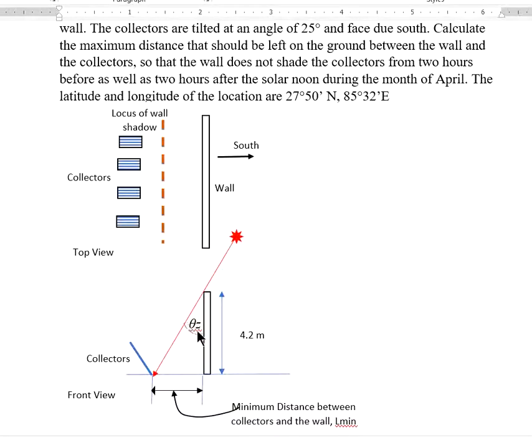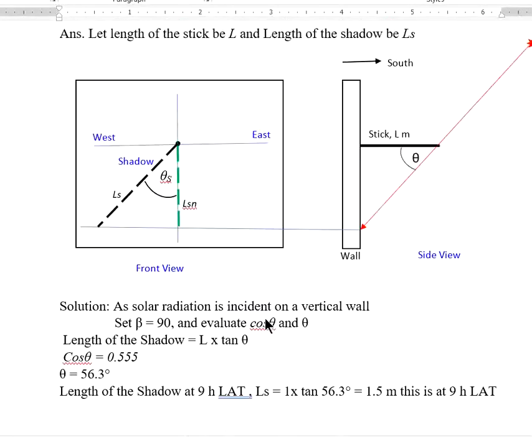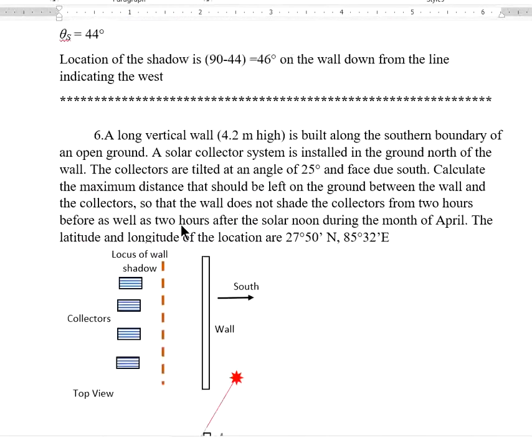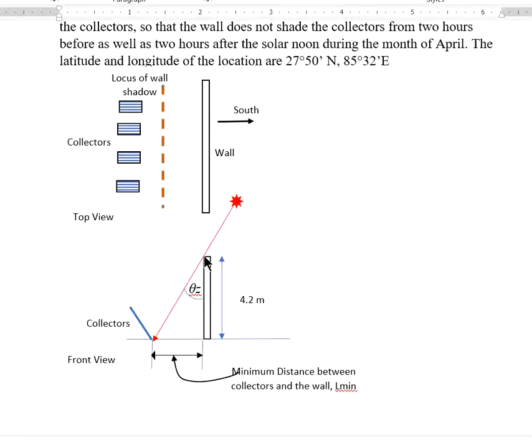Again, a similar problem: if you find theta z, you will find the length of the shadow. But if theta z corresponds to a time before noon, the length of the shadow will be long. The trajectory of the shadow, as discussed in the previous problem, remains constant, and it can be found from the length of the shadow at noon. Similarly, 2 hours before noon and 2 hours after noon, the shadow will be long like this.